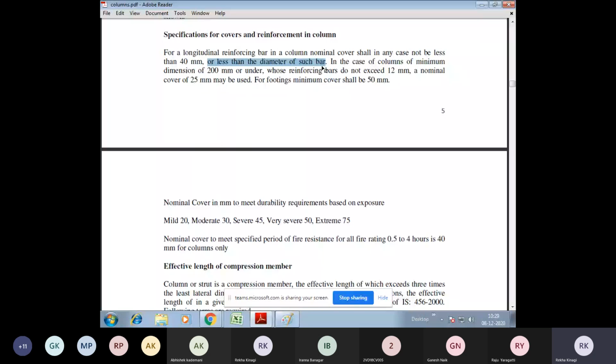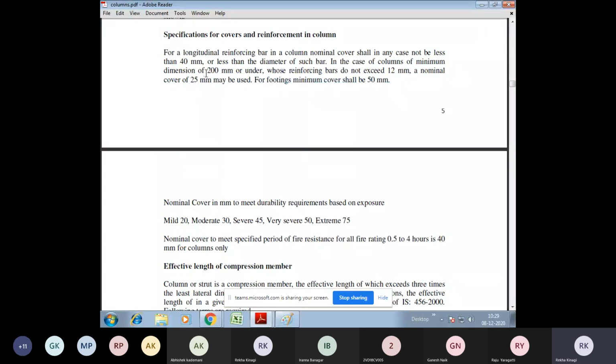In case of columns of minimum dimension 200 mm or under, whose reinforcing bars do not exceed 12 mm, a nominal cover of 25 mm may be used.